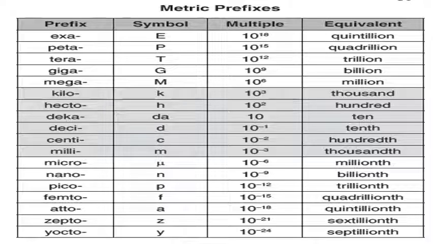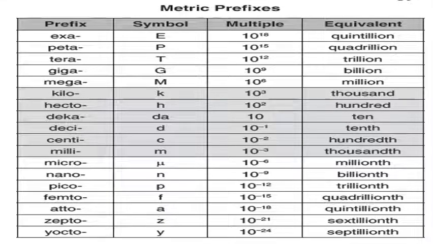Okay, so here are the metric prefixes. We have the prefix, the symbol, the mathematical representation, and the equivalent. The prefix exa has the symbol E. It is equal to 10 to the power of 18, or a quintillion.